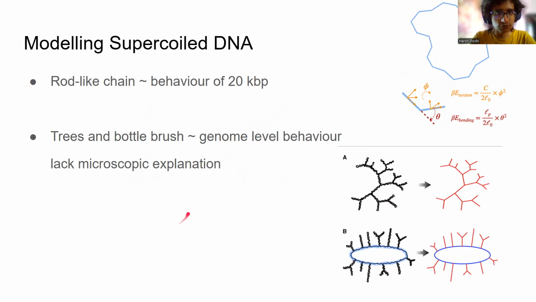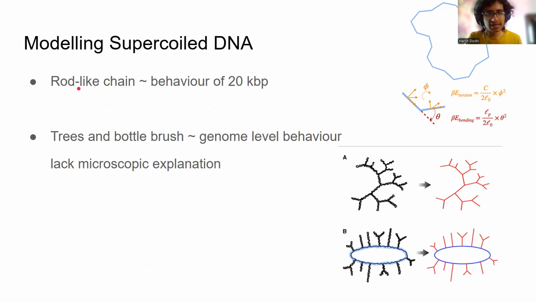Just to summarize the kinds of models that people have used to try and study the properties of supercoiled DNA. One class of models takes a look at the local properties and builds up the behavior at longer length scales. For example, the rod-like chain model that I talked about earlier, where they model each unit of the chromosome as a rod, and this rod can represent 10 to 100 base pairs of DNA length.